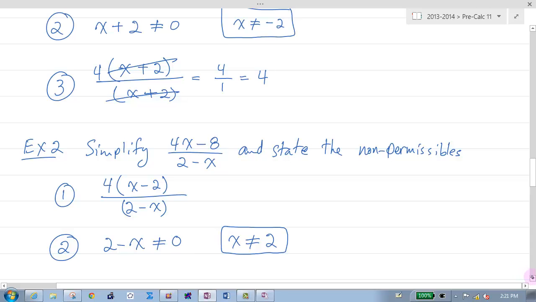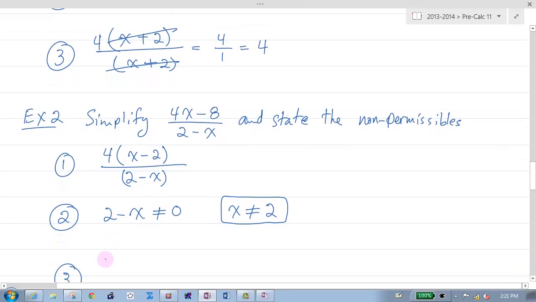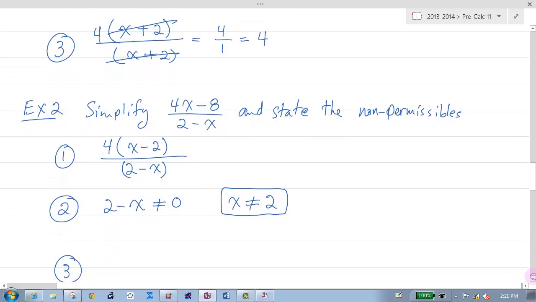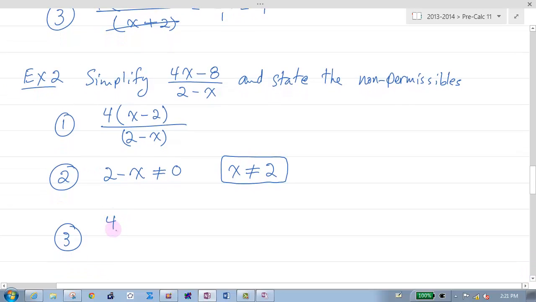Now we can go after simplifying this. Okay, this is 4 times x minus 2 over 2 minus x. And notice something, that these two, right, that we have inside the brackets, x minus 2 and 2 minus x, look very similar, right? One is x minus 2, the other one is 2 minus x. They have the same elements, right?